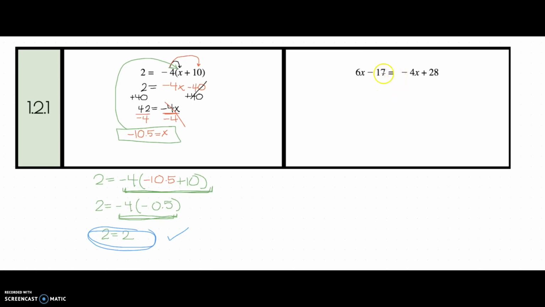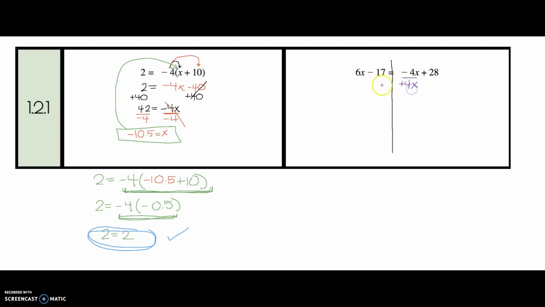So let's do the second problem. If you're still struggling with these, I would highly recommend drawing a line down your equal sign. For this problem in particular, I have a variable on both sides, and I also have a constant on both sides. So I can really start with whatever makes more sense to me. I don't really like this -4x over here, so I would want to get rid of it by adding 4x.